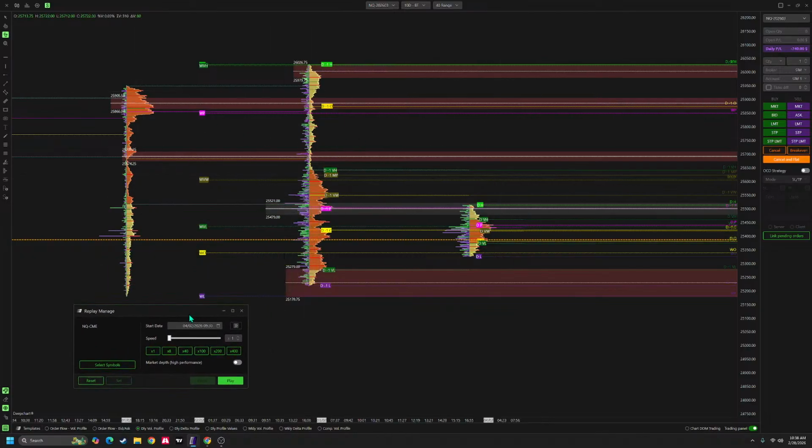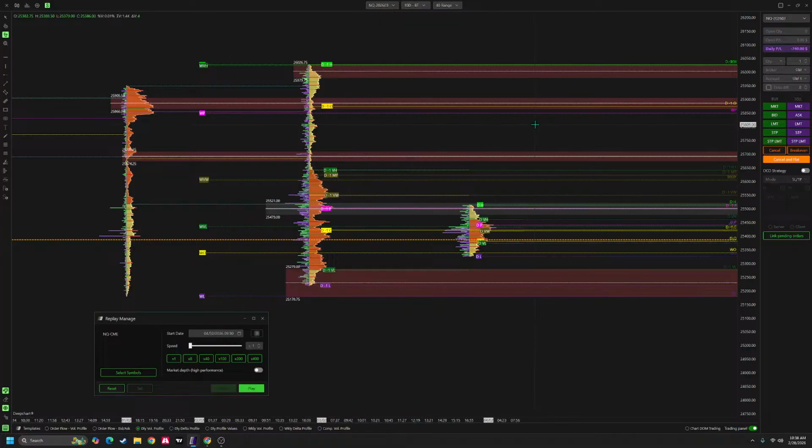There could be others. They may not be valid anymore, but at the end of the day, this value area high, this zone right here could be a rejection zone to come back down to the bottom as well.